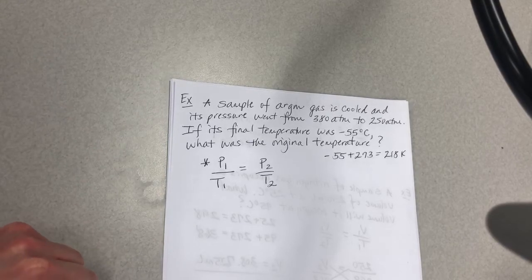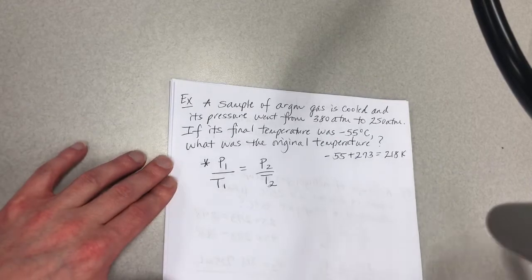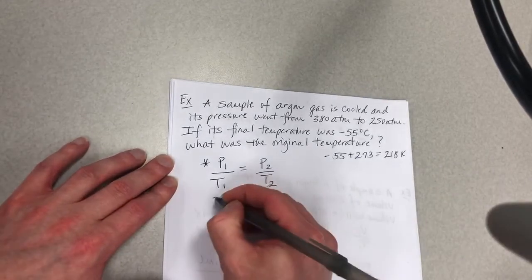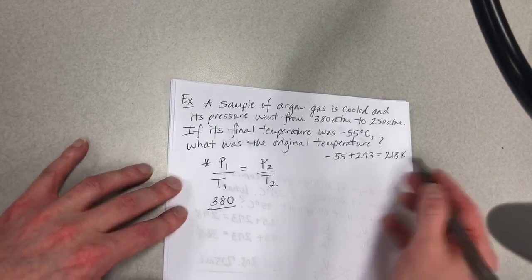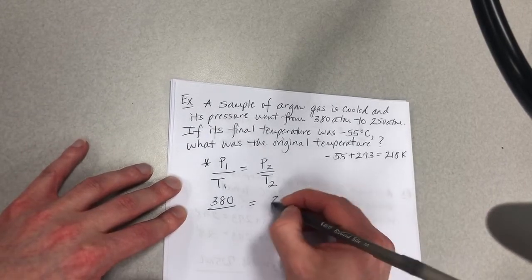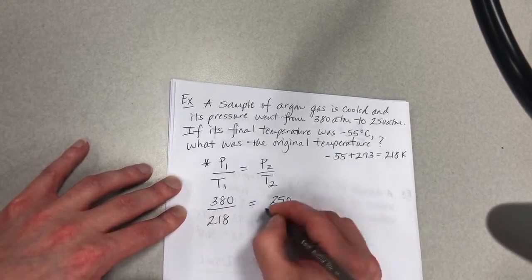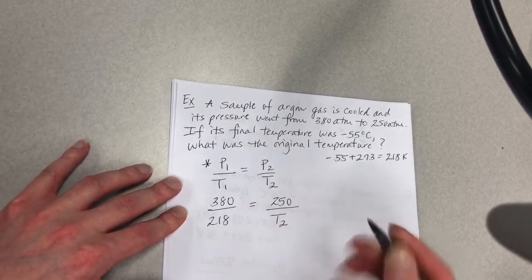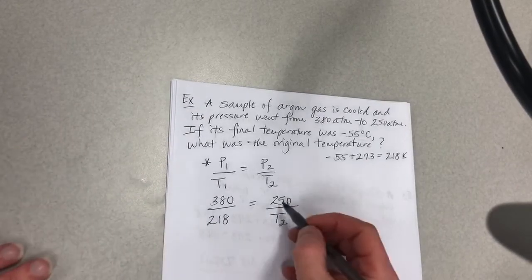It talks about pressure. So your first pressure is 380. Your second pressure is going to be 250. First temperature is 218. And second temperature is what we're looking for. So we're going to cross multiply and divide.